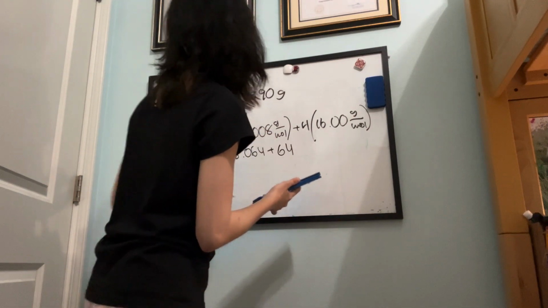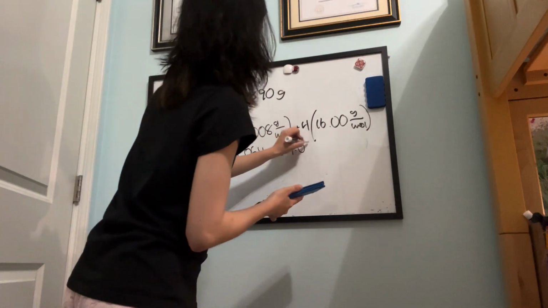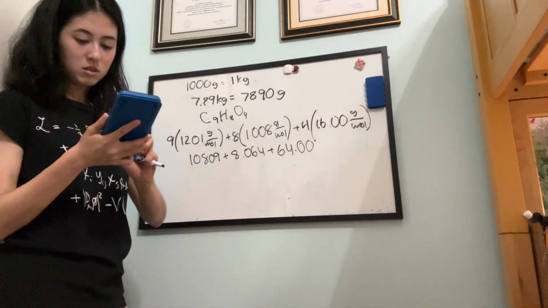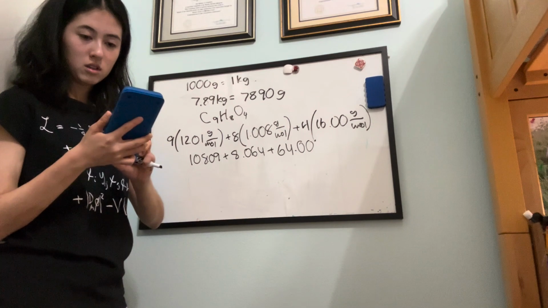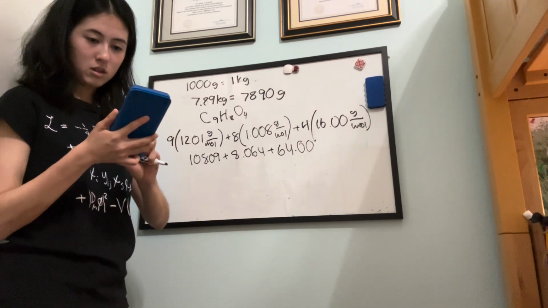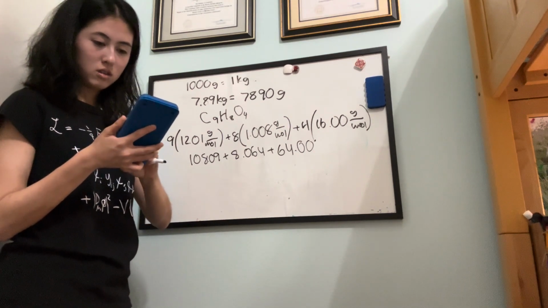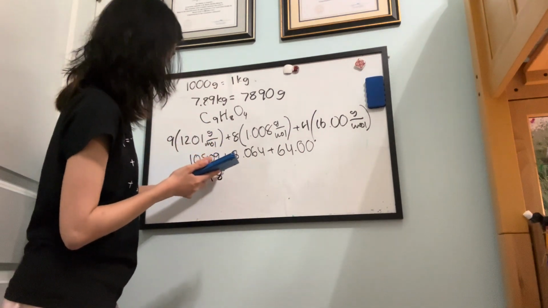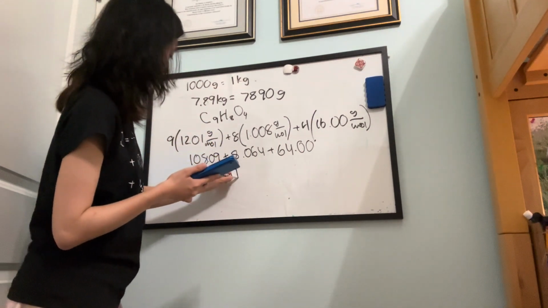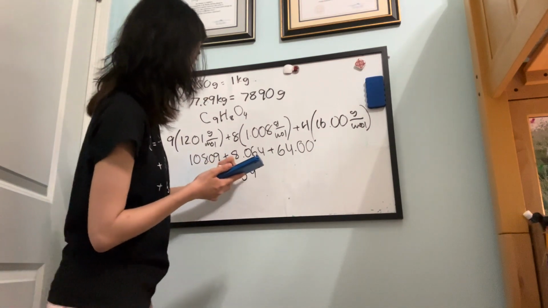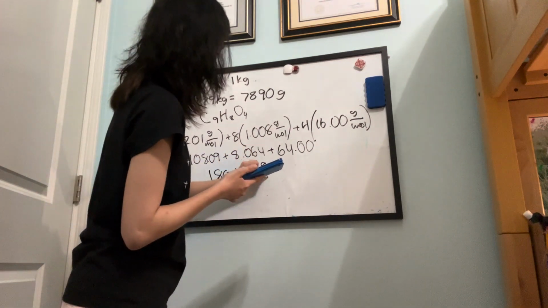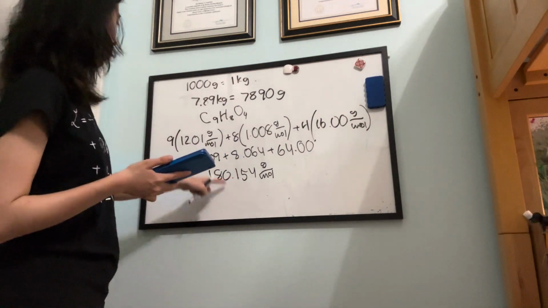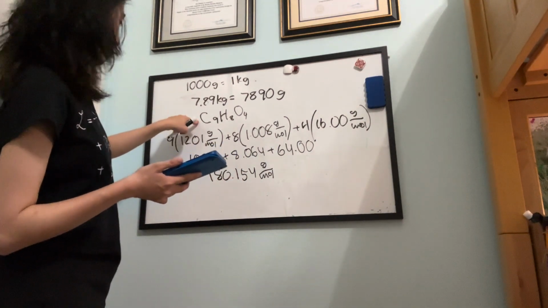You add all those up, and we get 180.154 grams per mole. So that is our formula weight for aspirin, right?